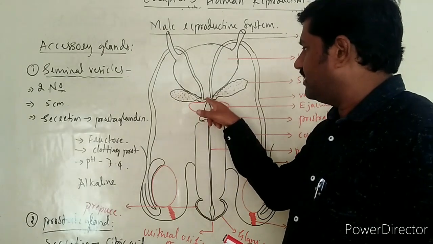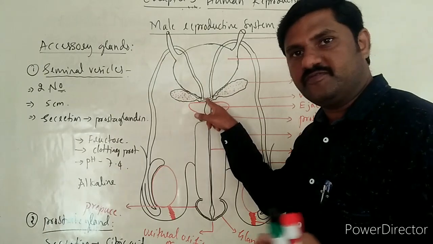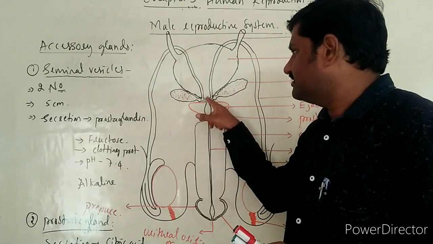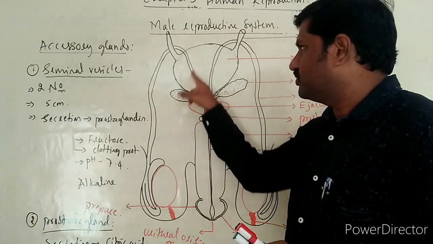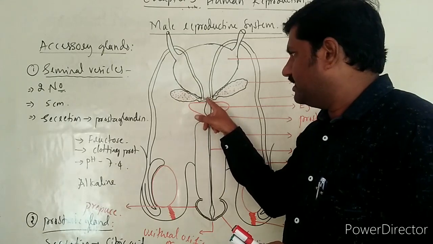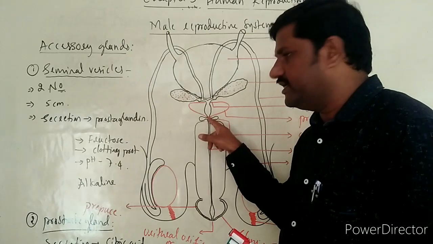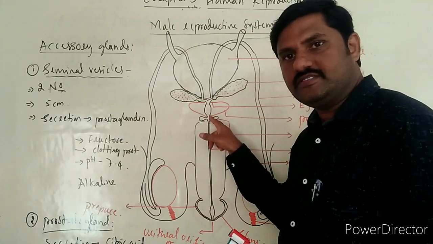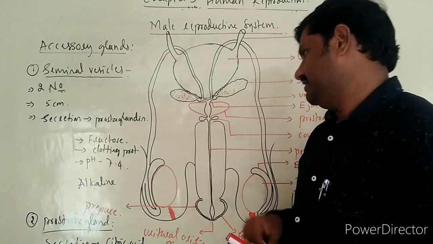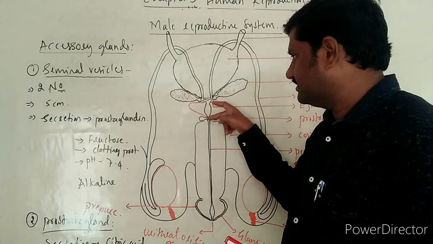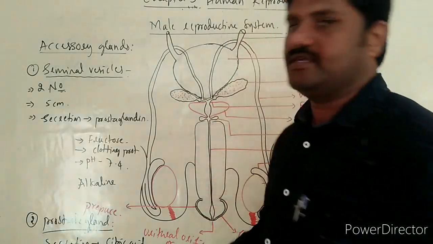See here, at the neck of the urinary bladder, there is one sphincter present, which is made up of smooth muscles, and this sphincter closes whenever urine is being stored. And along with this, in the membranous urethra we come across one more sphincter, which has striated muscles. So this is the internal sphincter, and this is the external sphincter, the two sphincters we come across in the urethral part.